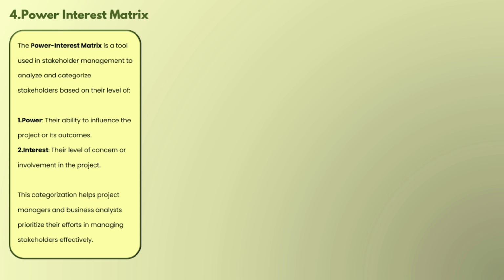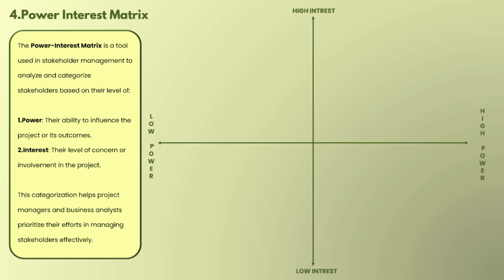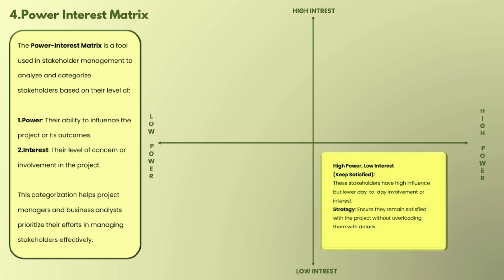So I'll just read it out here. Plotting the power interest matrix is different. It is made of four different quadrants. You can see high interest, high power, low interest, low power, and each quadrant specifies its own power versus interest. So the very first is high power, low interest.